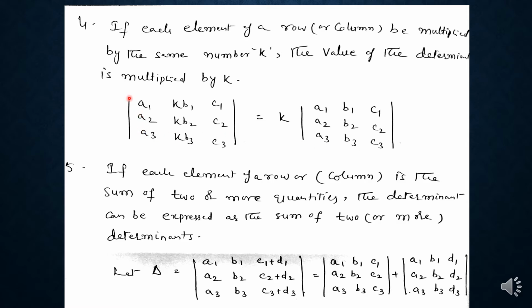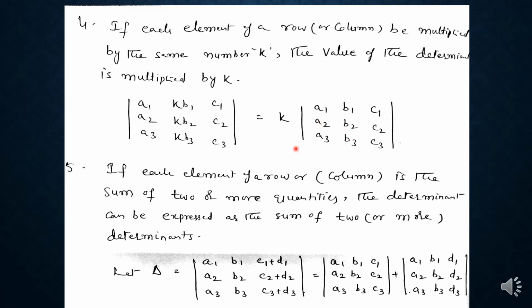If there is a common k in the first column, k into a1, k into a2, k into a3, then one more k can be put as common, that is k into k, k square into a1, b1, c1, a2, b2, c2, a3, b3, c3. If one more constant is common in the third column, then this can be written as k cube into a1, a2, a3, b1, b2, b3, c1, c2, c3.